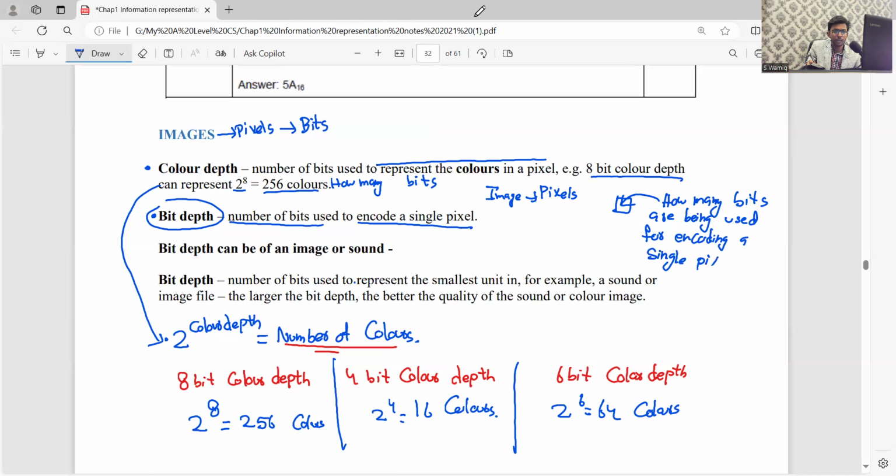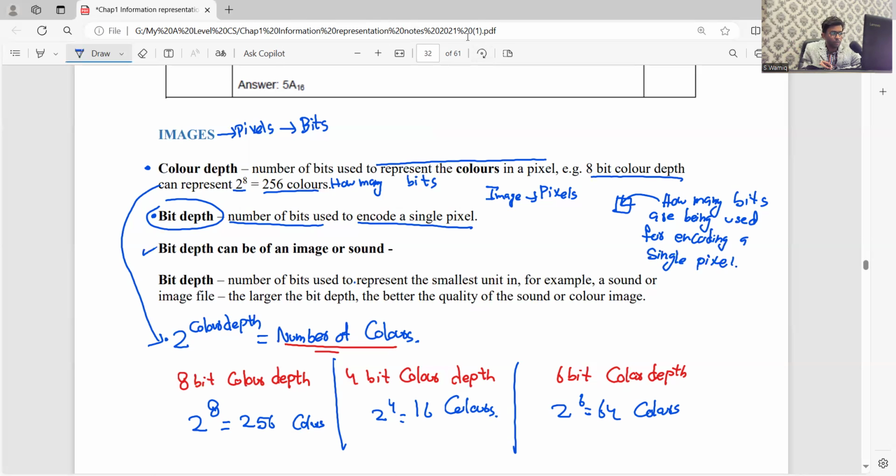That means if there are more bits, there is a good quality of a pixel. Pixels are created out of bits, so if there are more bits, there has to be better quality of pixels.